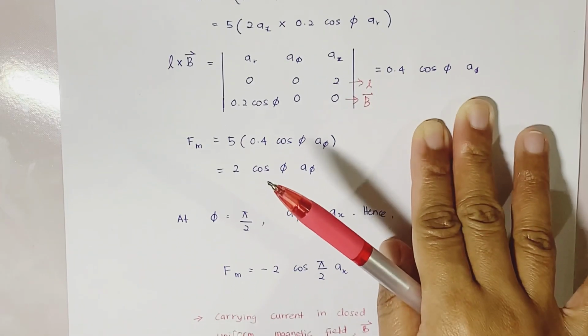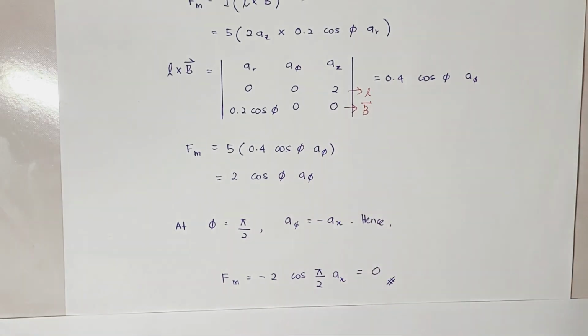And don't forget, at phi equal to pi over 2, this is given, AP equal to negative AX. Hence Fm equal to negative 2 cos pi over 2 AX, equal to 0.